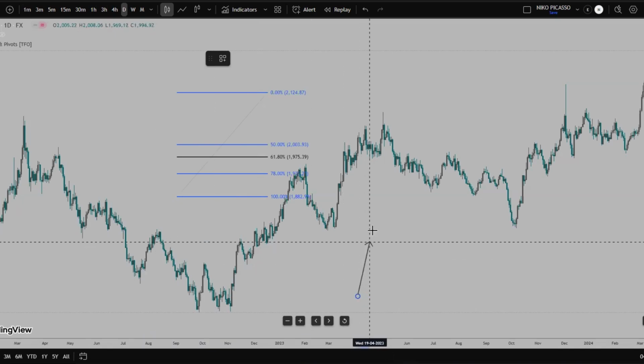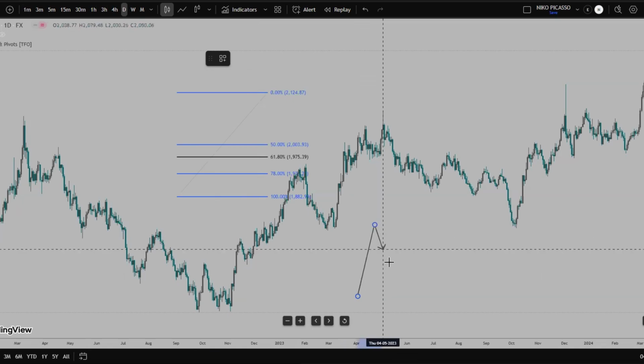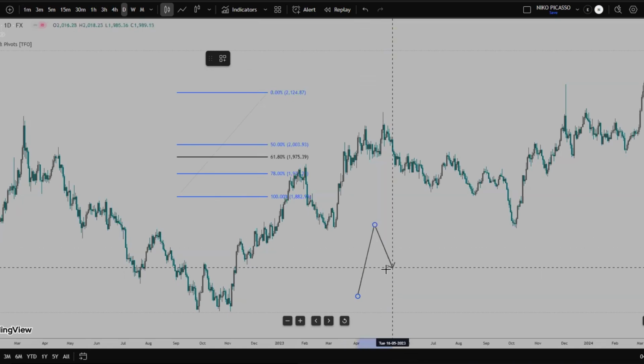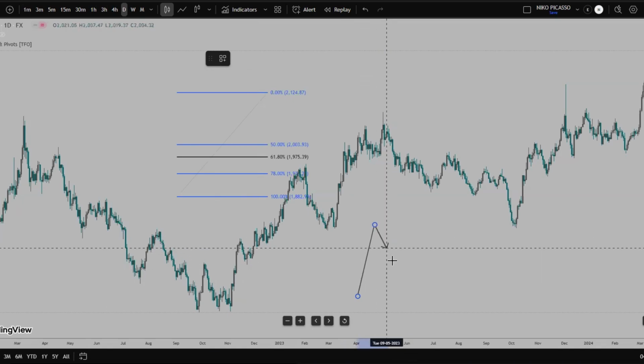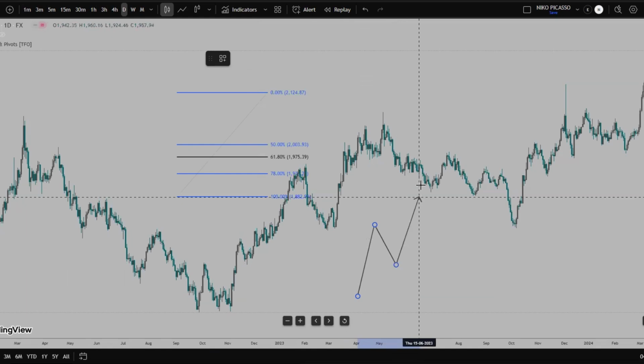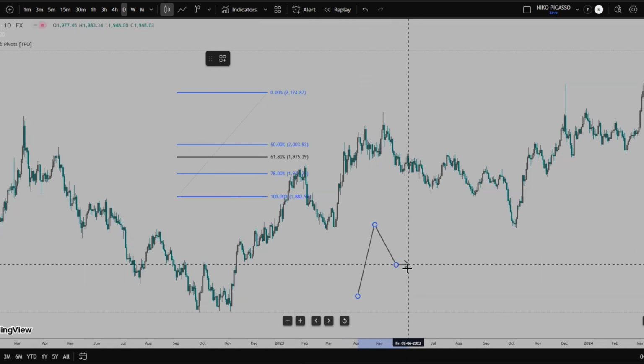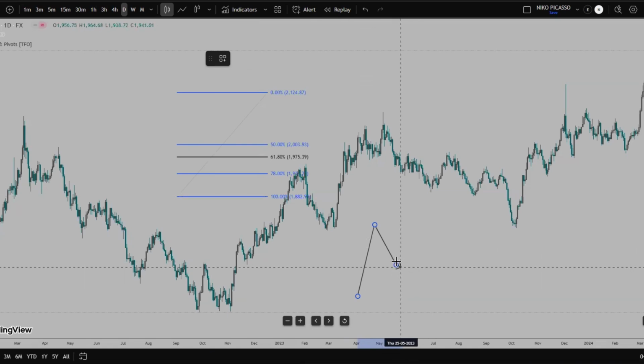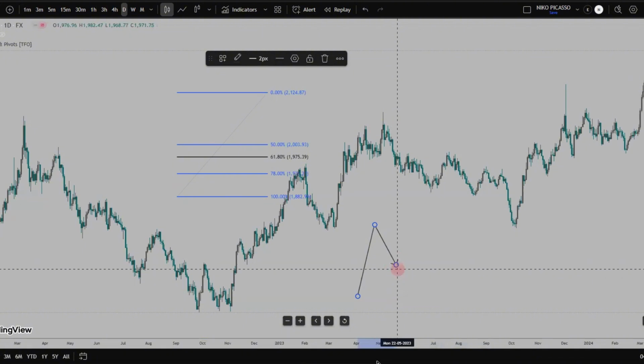So for example, if the market is bullish, we always need to wait for the market to return at least to 50% to start to think about an opportunity to trade in the direction, so that we can position ourselves in this location here, which is going to be our potential higher low.